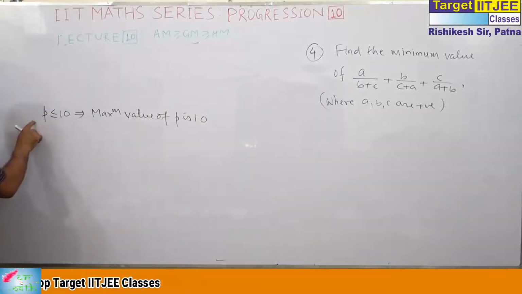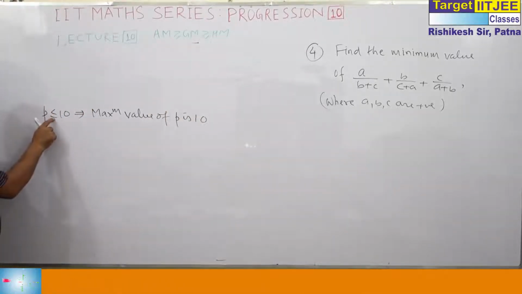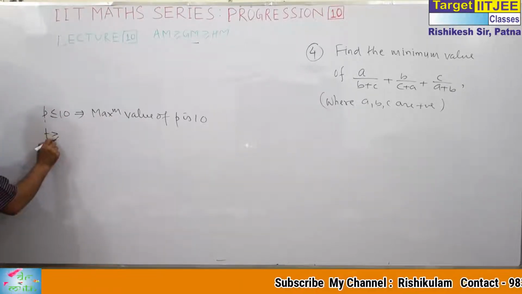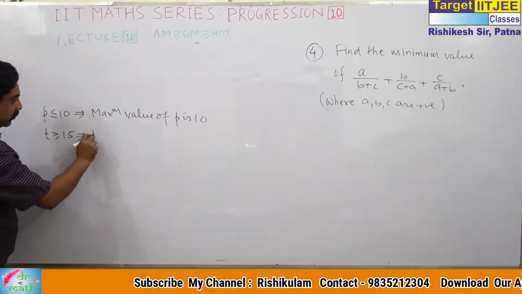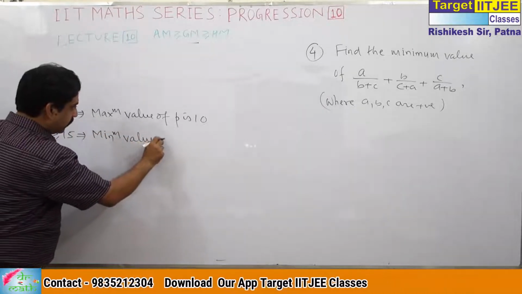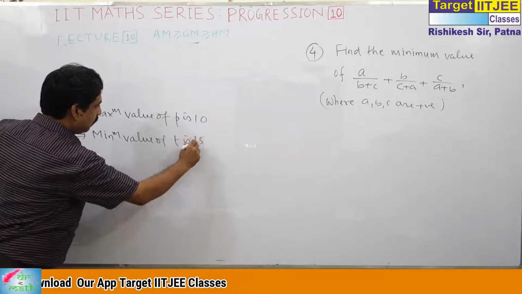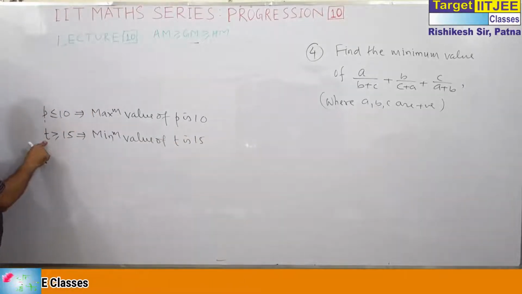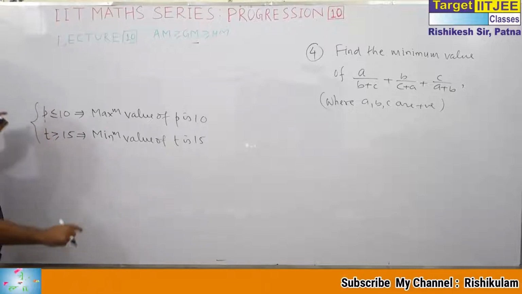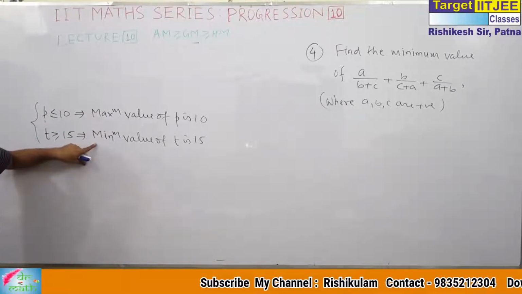P is 9, 8, 7, 6, 5 and so on. So with the less than or equal to sign, the maximum value of p is 10. And when t is greater than or equal to 15, this means the minimum value of t is 15, because t can be 16, 17, 18.5, 19, 20, whatever. The minimum value of t is 15.